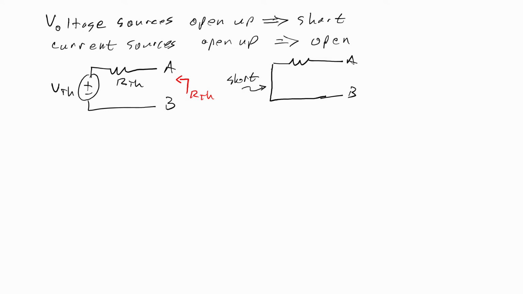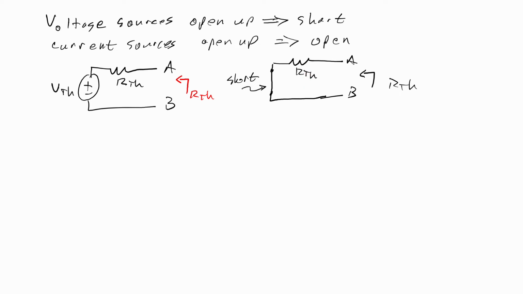Between these two nodes we have RTH, and when we look in, we just see RTH. That's the only resistance that's in there. So it's easy to solve.